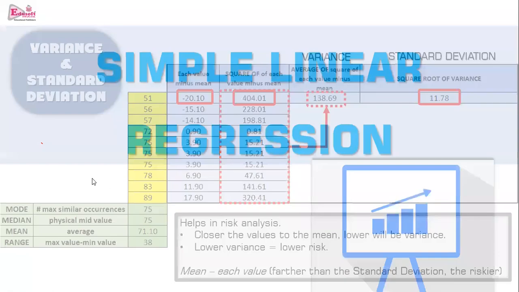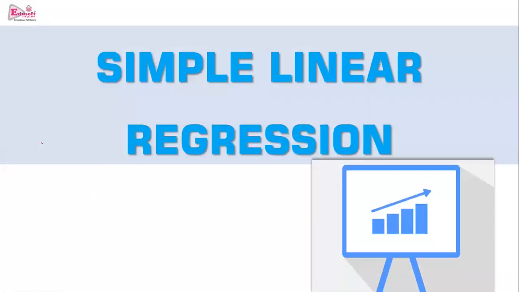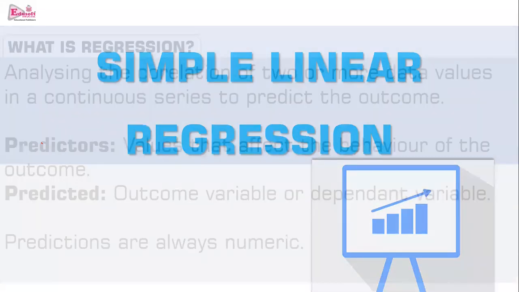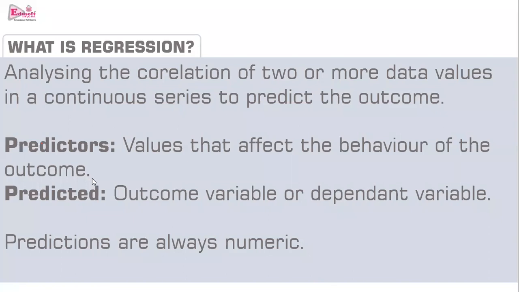So let us see. Now, we'll look at the simple linear regression technique, which is useful in class 9th and 10th, which are talking about it. So this can be useful for you for class 8, 9, and 10. You can discuss regression, what actually it is.